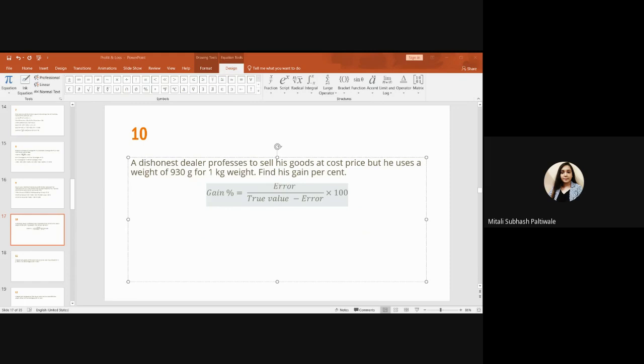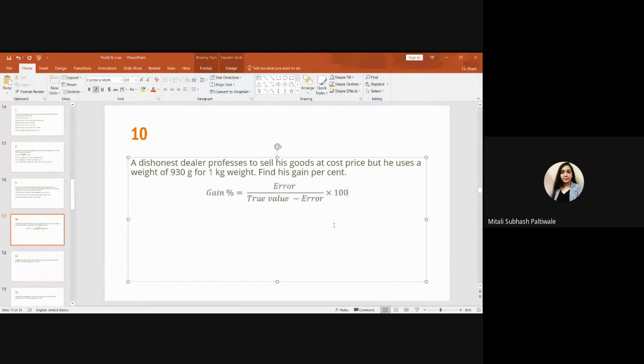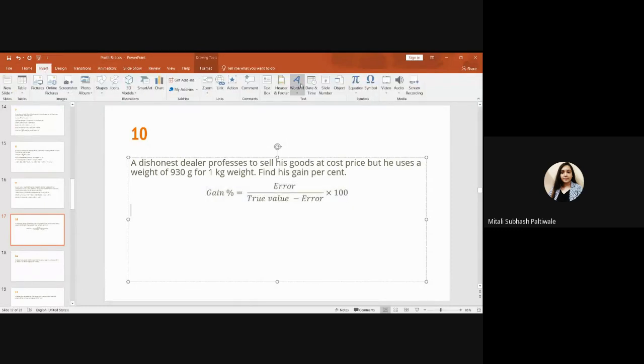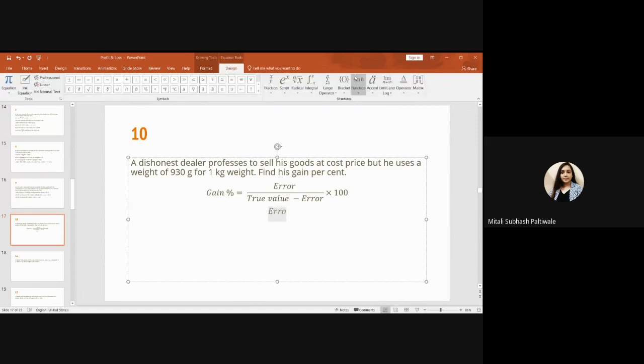Now, this error is equal to true value minus false weight.